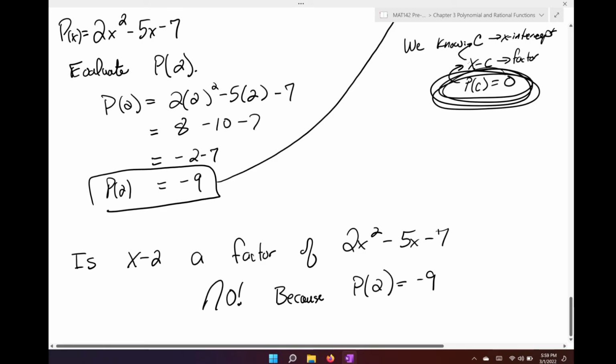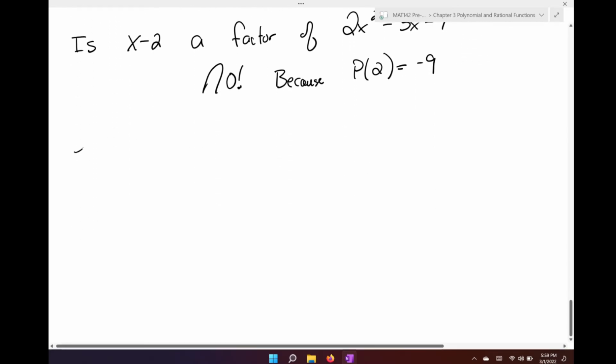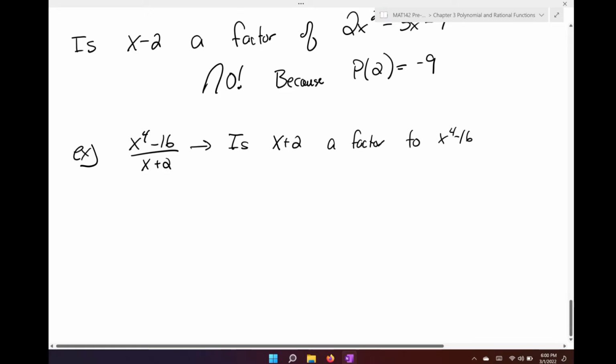So let me show you where this actually works, and hopefully it makes sense. Hopefully it starts to gel a little bit. We just looked at x to the 4th minus 16 divided by x plus 2, okay? So what we're going to ask is, is x plus 2 a factor of x to the 4th minus 16?